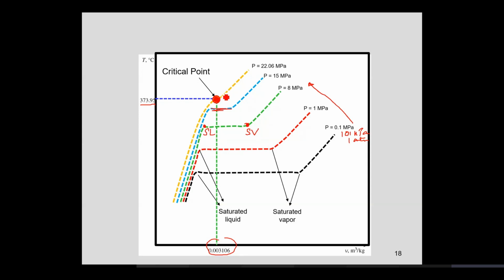Along this line, or for any line beyond this line, below the critical temperature you would have compressed liquid, and above this temperature, for this purple line, you would have superheated vapor phase. Clear?